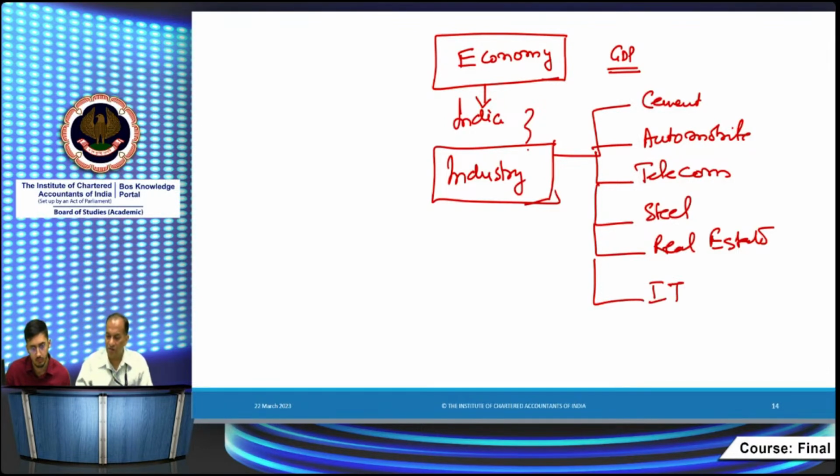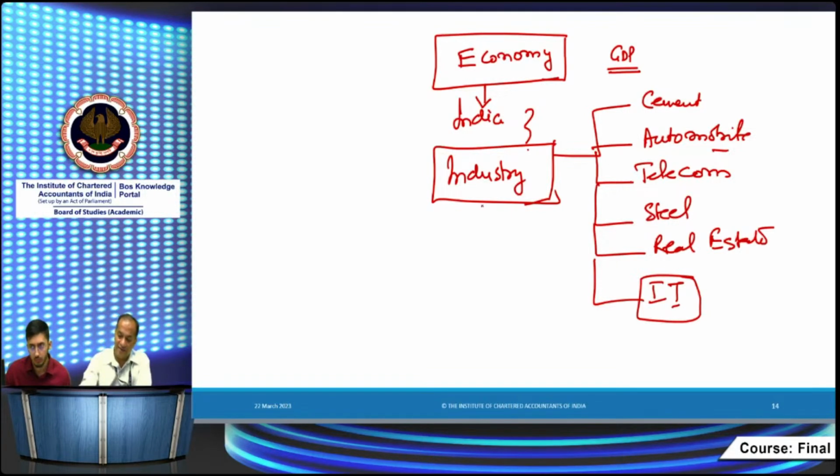I'm just giving these for the sake of example. Now they ask which industry has a huge potential for growth. It can be automobile, it can be IT. At that time, IT companies were in a boom, so they say okay, let us go for IT.